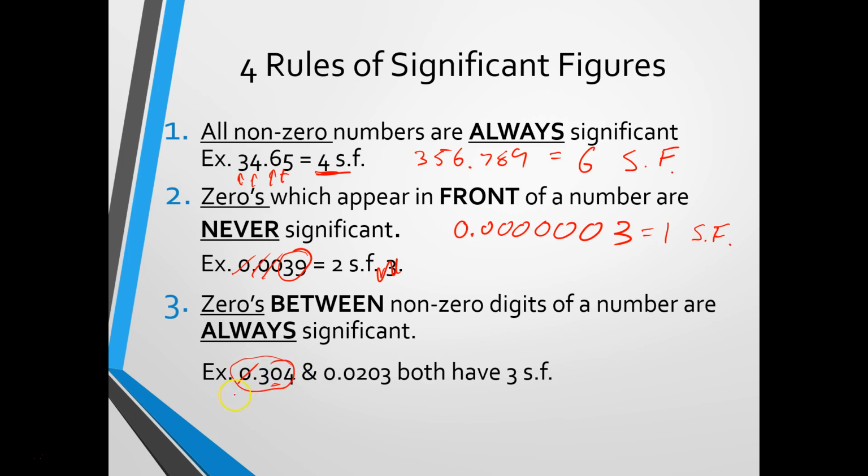So this number here is going to have 3 significant figures. If we look at 0.023, well, these two zeros are not significant because they're in front of the number. However, the 0 in between the 2 and 3, because it's in between two non-zero digits, is significant. So this, once again, is going to have 3 significant figures.